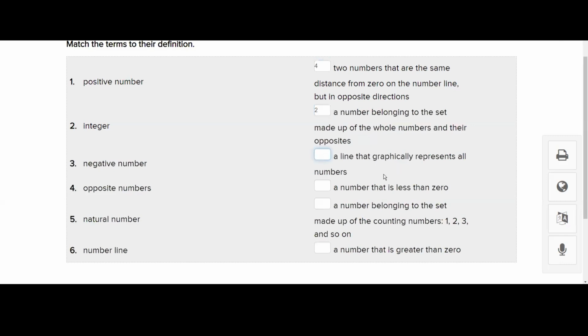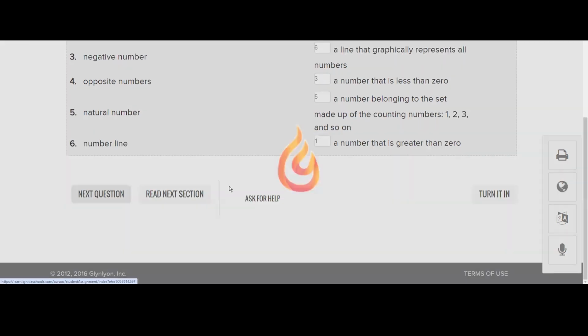A number that is less than 0 is a negative number. A number belonging to the set made up of counting numbers is a natural number. A number that is greater than 0 is a positive number. So let's go to the next question.